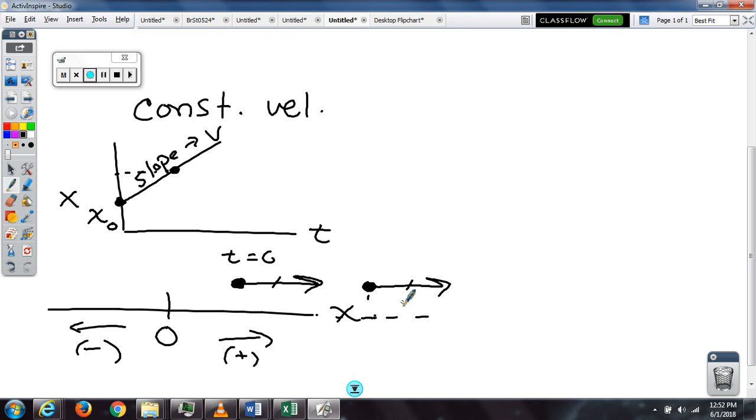On a velocity time graph, all objects moving with constant velocity appear on velocity time graphs as horizontal lines, which are representing the value of the slope of our position time graphs over time.